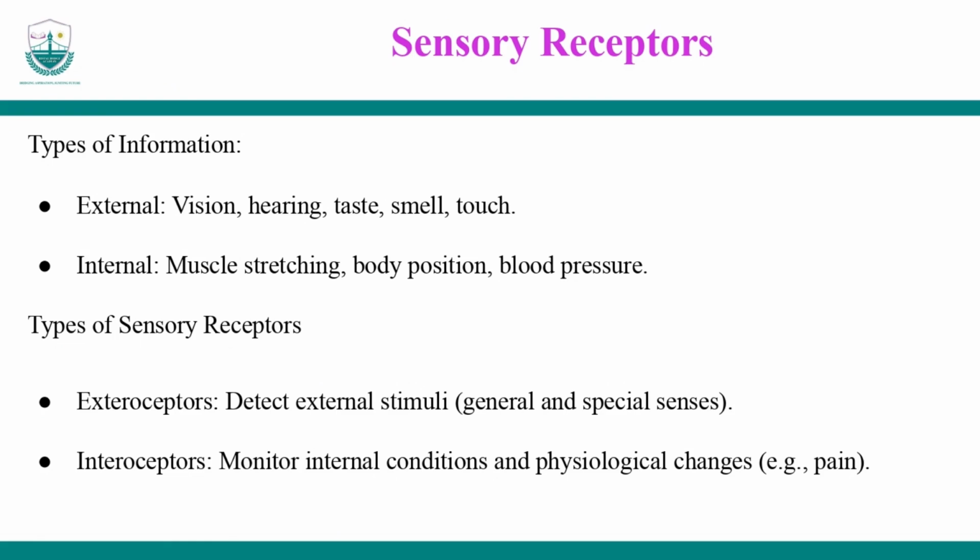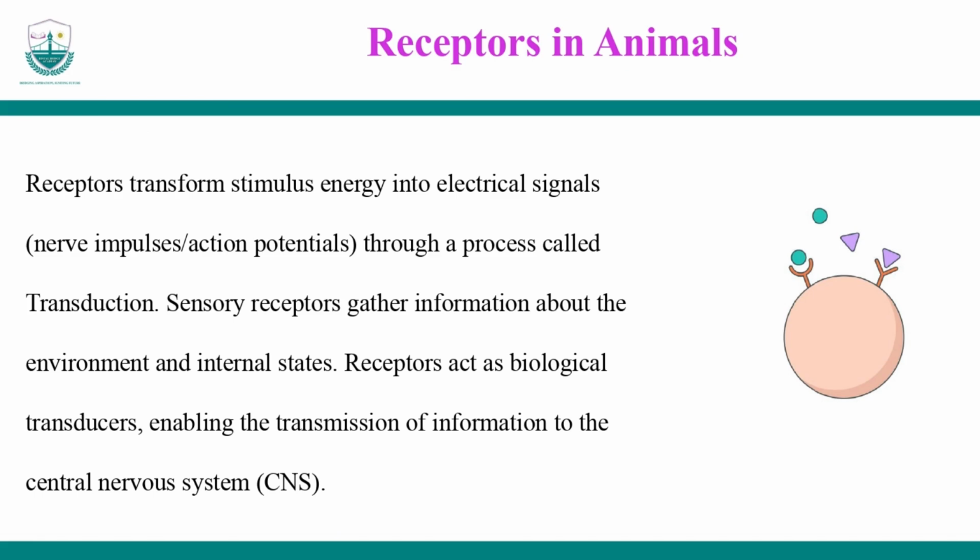This image shows, for example, a stimulus that can be a chemical. That chemical binds to the receptor. When this binding happens, you have an electrical impulse, which is the information, and this information in the form of electrical impulses is sent to the brain for interpretation.